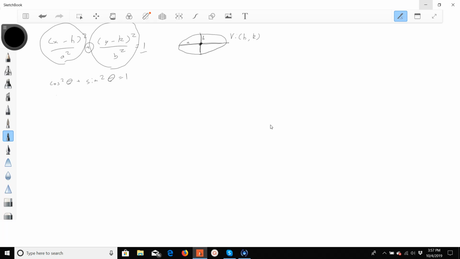So (x minus h) squared over a squared, I'm going to let that be cosine squared theta. Because when I let that be so, and then when I let (y minus k) squared over b squared be equal to sine squared theta, I'm going to get cosine squared theta plus sine squared theta is equal to 1, which is a true relationship, which means the parameterization is valid.